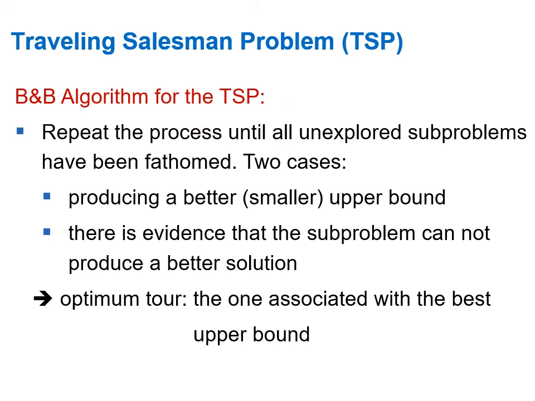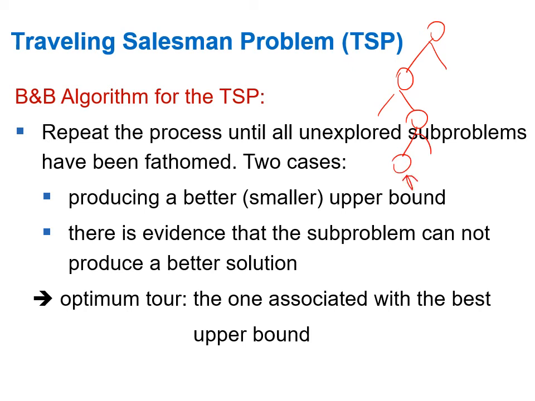When you solve, there can be two cases to fathom. If that feasible solution is worse than our previous incumbent solution, then we can fathom that node. Also, if there is a subtour in this branch, let's assume that we have a branch and bound tree, we solve these and so on.